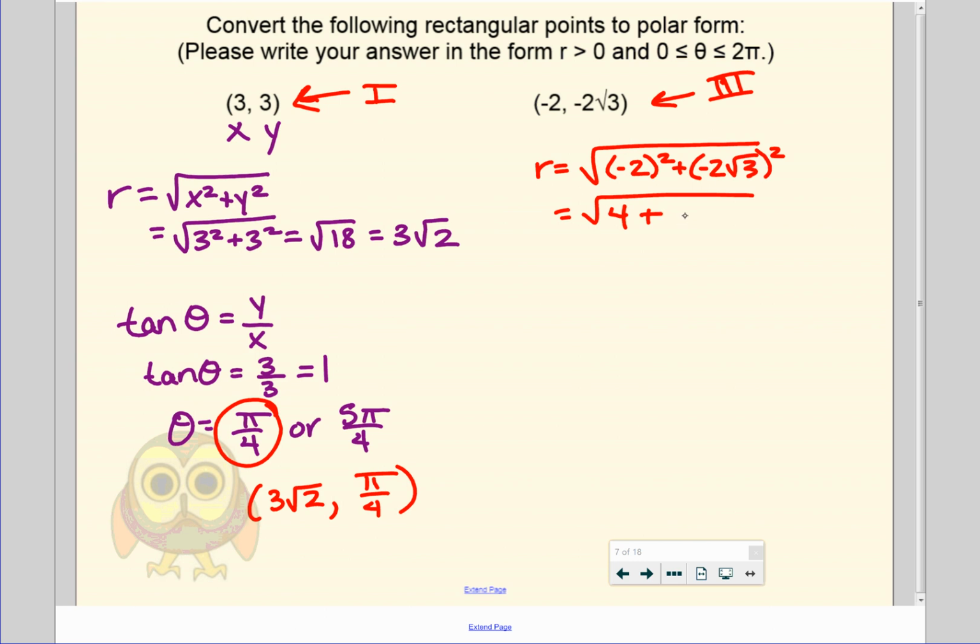So -2 squared is 4, and rad 3 squared is 3. So it's 4 times 3, which is 12. So 12 and 4 give me rad 16, and the square root of 16 is 4.